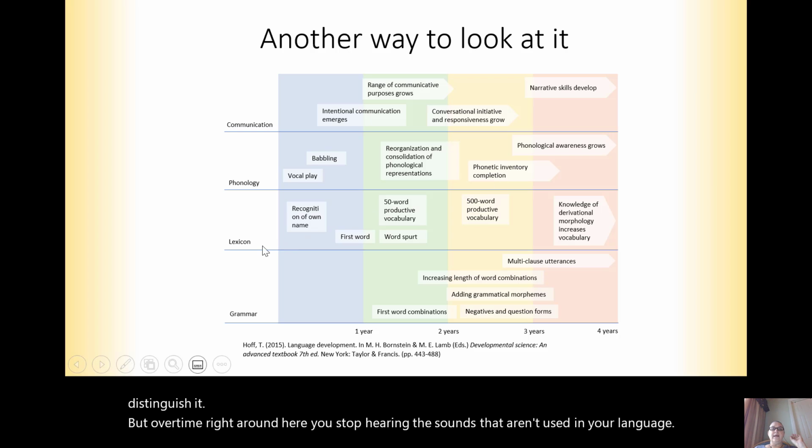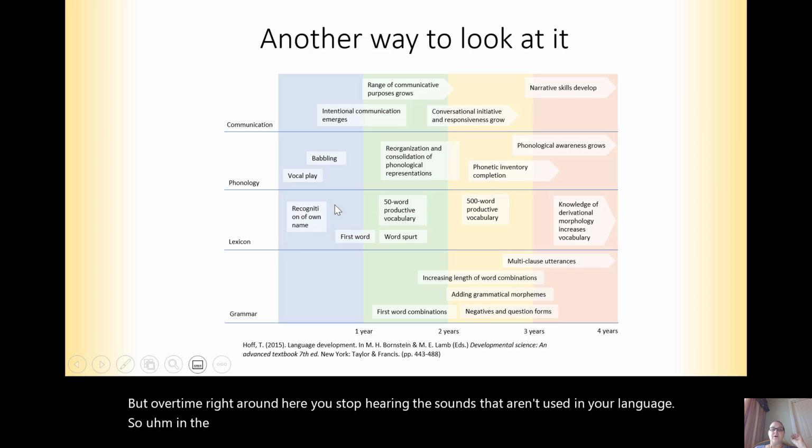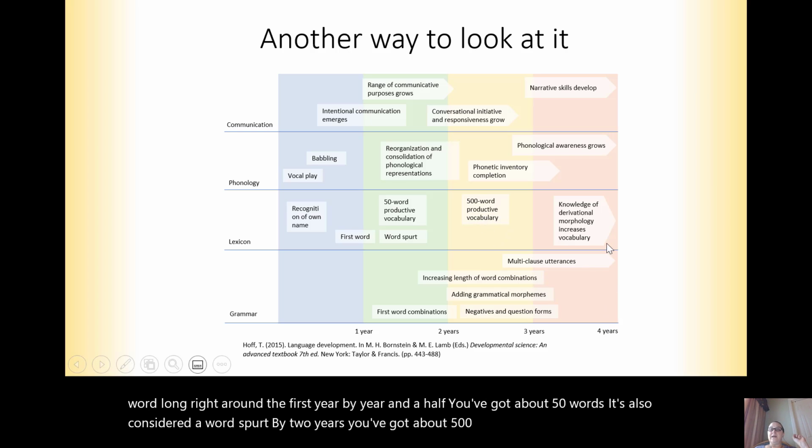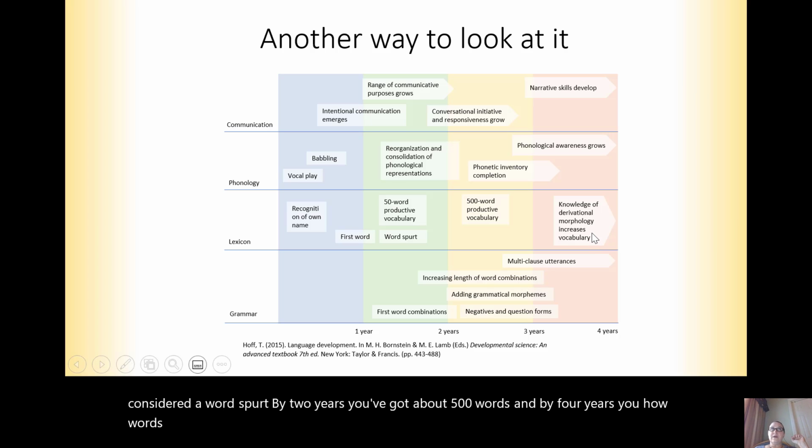In the lexicon, you begin to recognize your own name in the first year. You have a first word right around the first year. By a year and a half, you've got about 50 words. It's also considered a word spurt. By 2 years, you've got about 500 words. And by 4 years, you actually know how words are formed, and you're much more able to form different types of words using morphological elements.